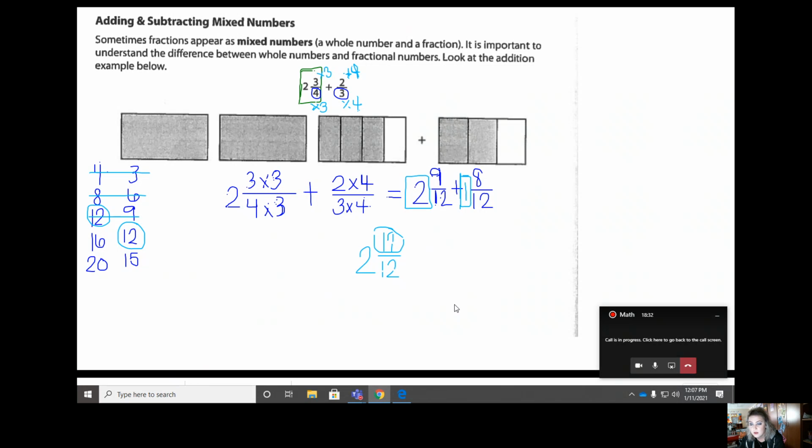Well, let me just tell you a little secret. For a whole number, y'all know it's the whole fraction, okay? Now, let me show you what a fraction would be represented as for a whole number.